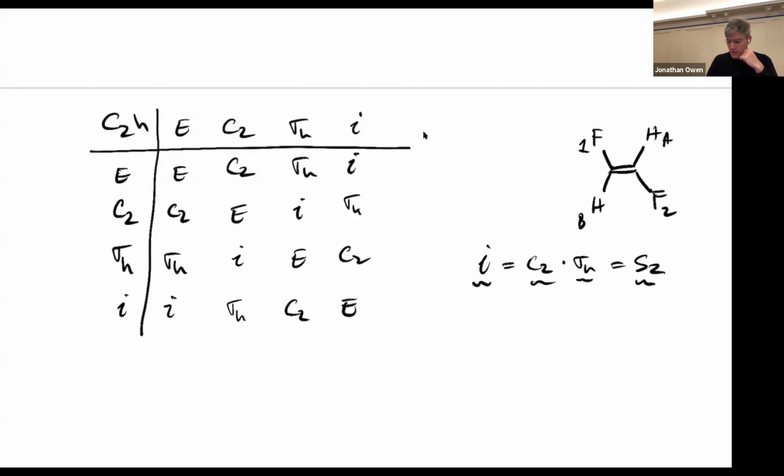If you have a hard time doing the inversion center in your head, one way to make it easier on yourself is to remember that C2 times I is the same thing as C2 times C2 times sigma H, right? I is C2 times sigma H. So you could break that I out, unpack it, and make it into the C2 times sigma H, and now it's a little bit easier to do this.